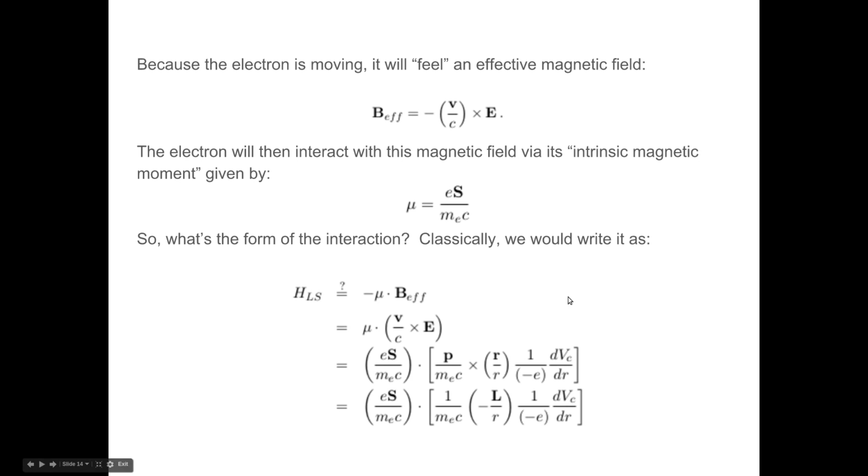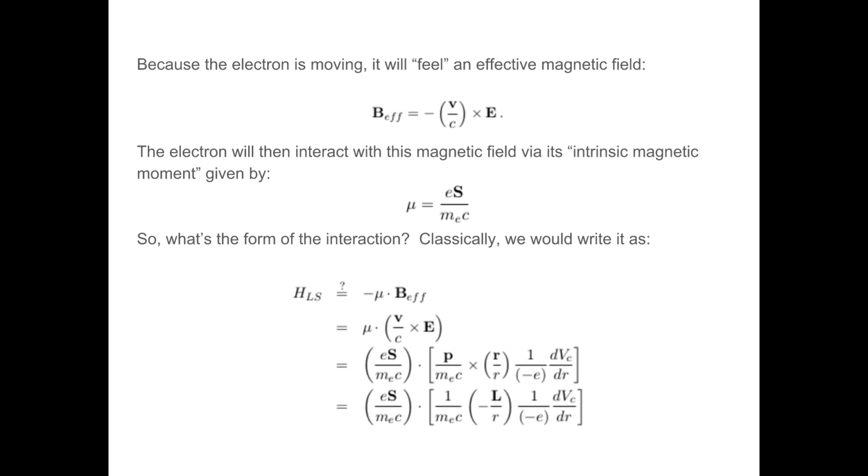That magnetic field is given by v cross E, with a minus sign thrown in, okay? So we have an effective magnetic field that arises from the electron whipping around in the Coulomb potential, and the electron is going to interact with this magnetic field. The way it interacts is through its intrinsic magnetic moment.